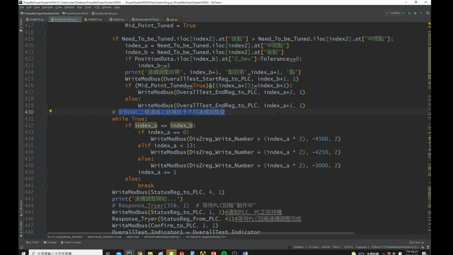So the key point is that in continuous tuning and total continuous tuning, we don't need to calculate the value. We just give it a certain number. So the relationship between deformation and deviation is only for single point? Yeah. Okay.